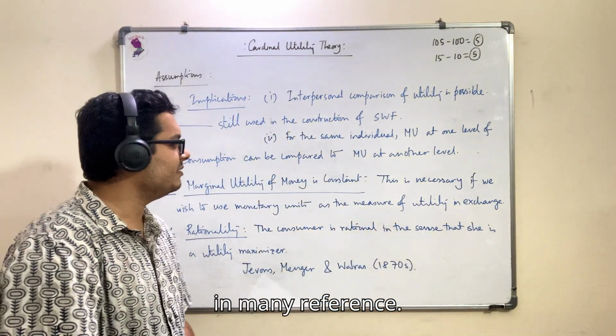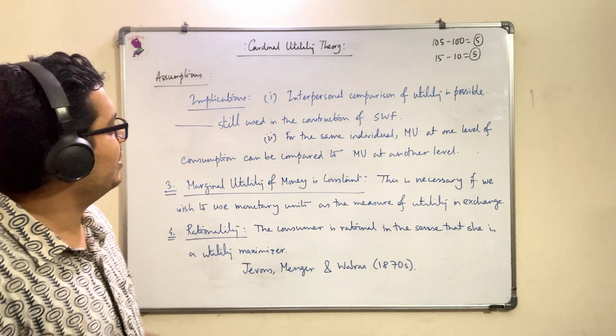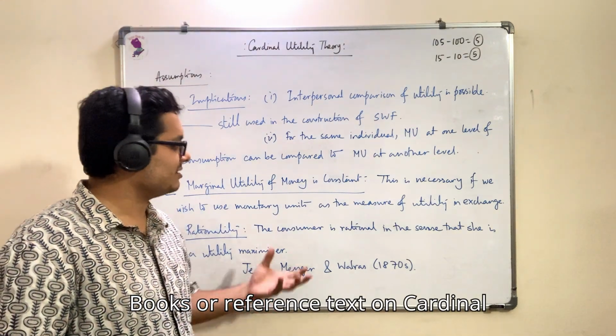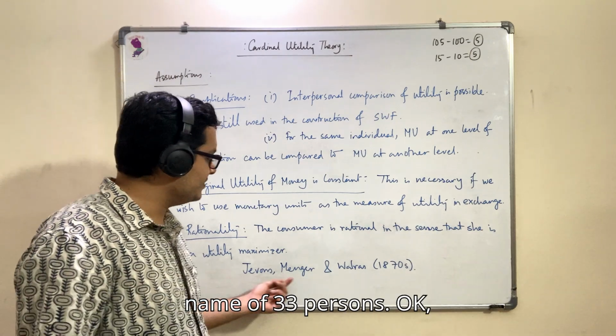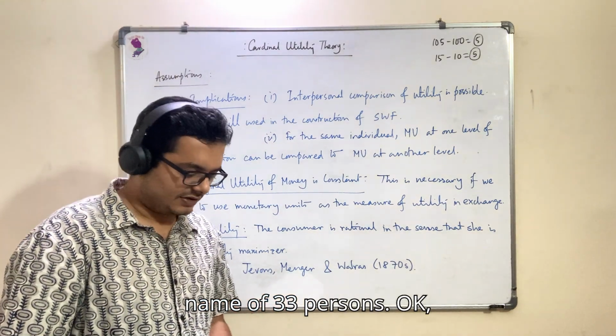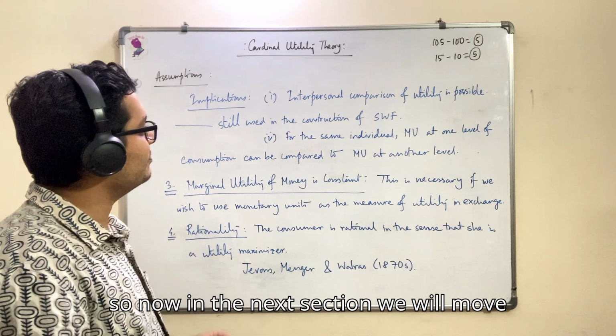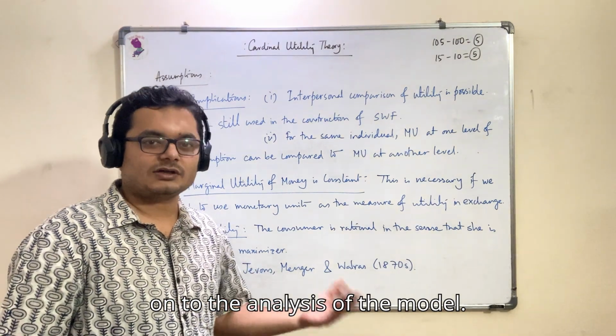Because of that, many reference texts on cardinal utility theory mention the names of these 3 persons. Okay, so now in the next section we will move on to the analysis of the model.